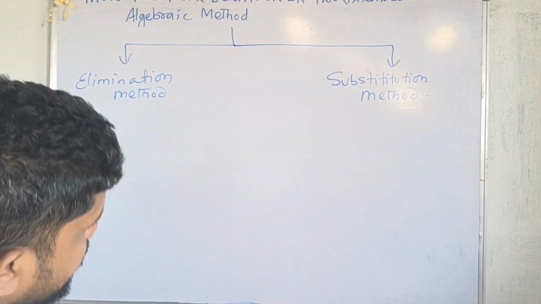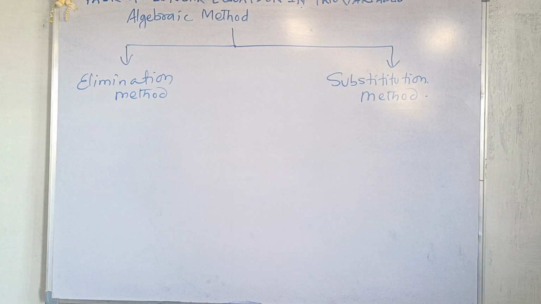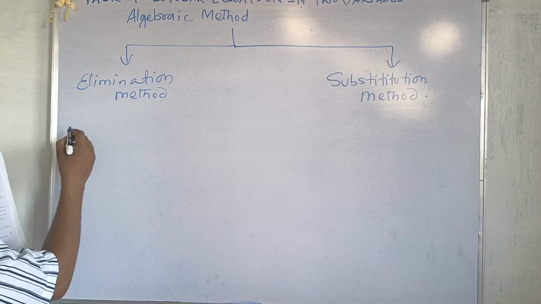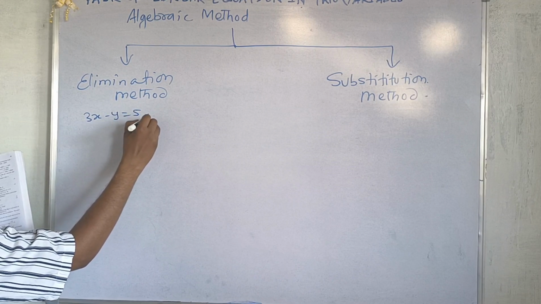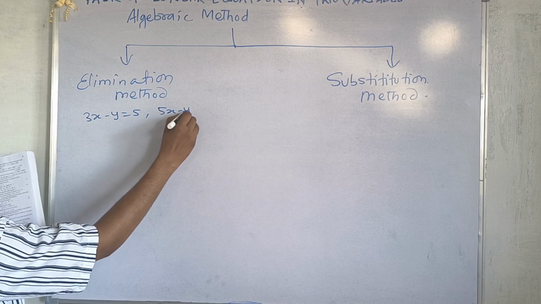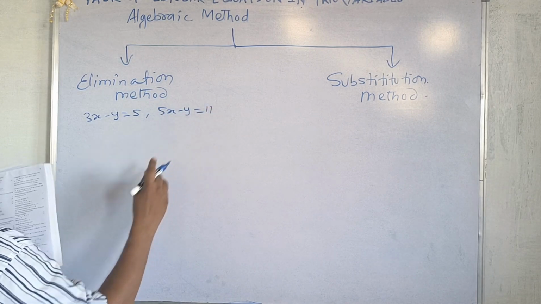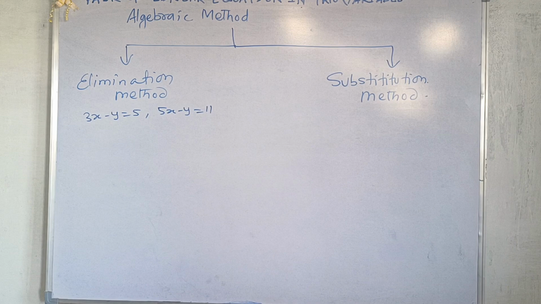Suppose, dear students, we are given one question: to solve 3x minus y equals 5 and 5x minus y equals 11. Okay, this is the question given in the book.